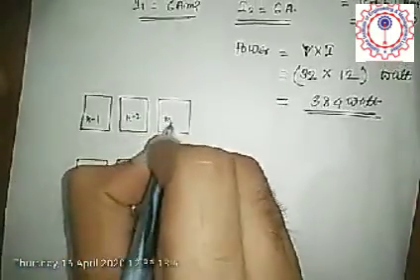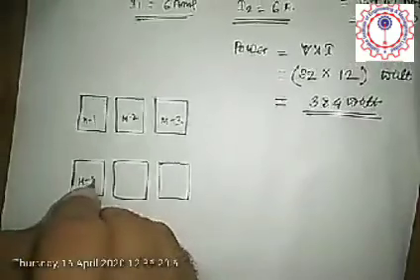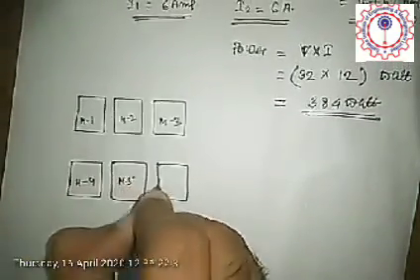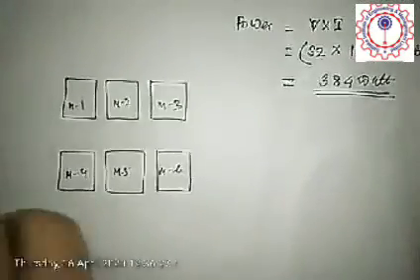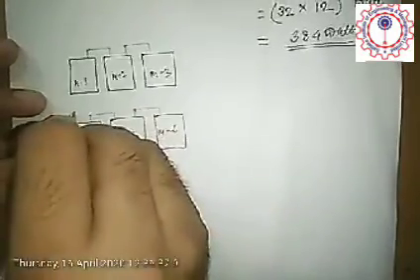This is module 1, module 2, module 3, module 4, module 5, and module 6, and these are connected in a string.